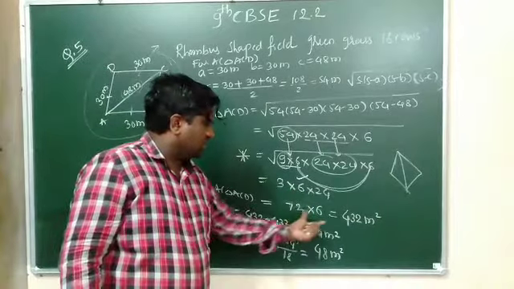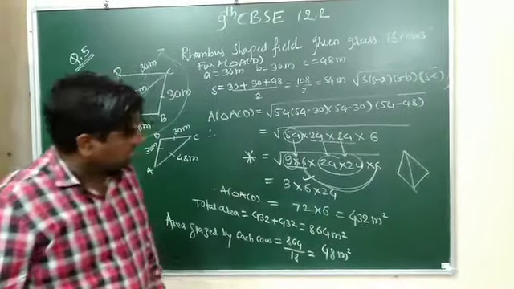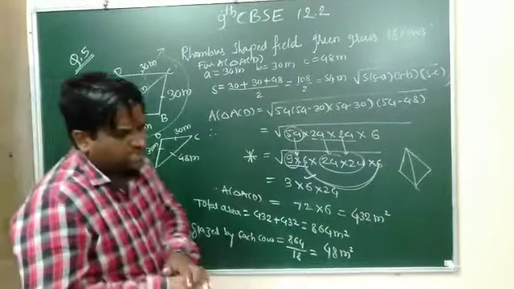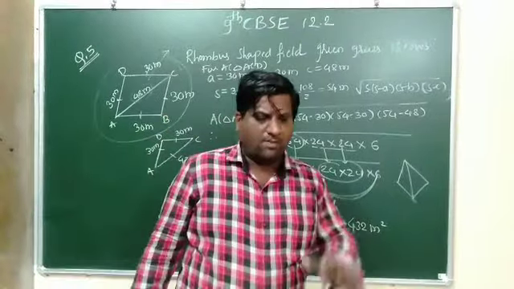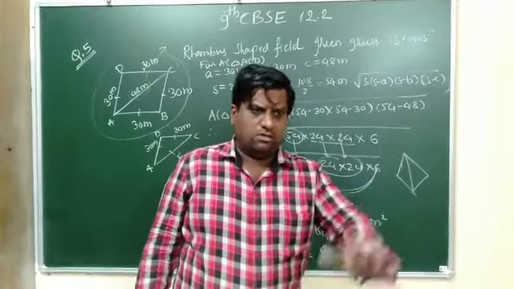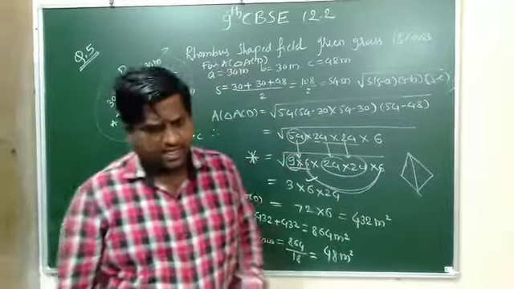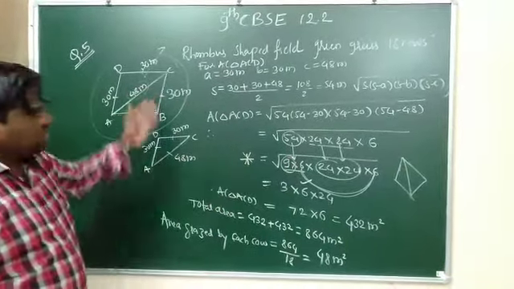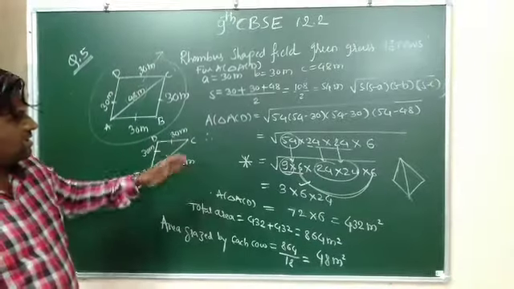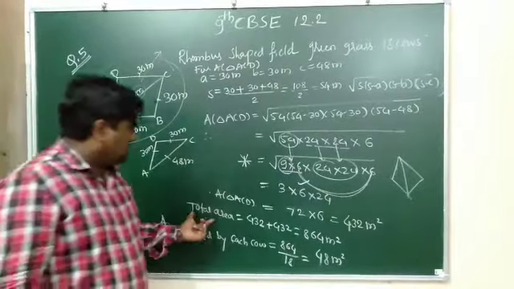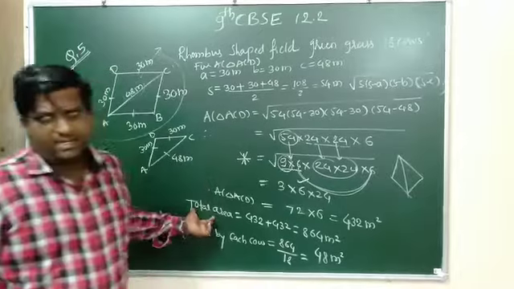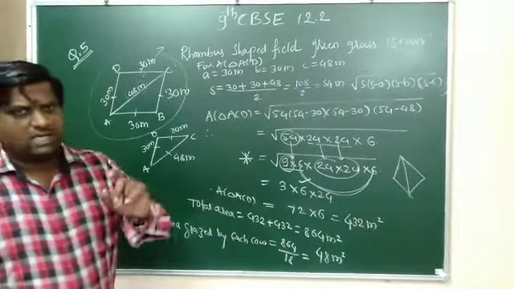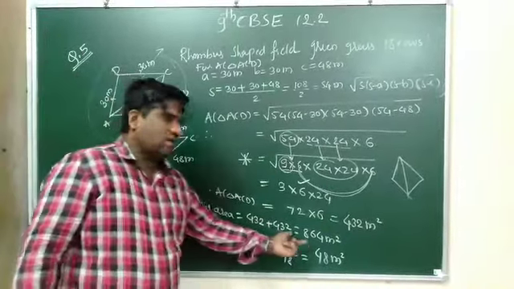By calculation, it comes around 432 meters square. This area is half the area of the rhombus-shaped grass field. On the other side, there is the same triangle of the same area. So I need to calculate the entire area of the grass. How much area of grass does it consist of?